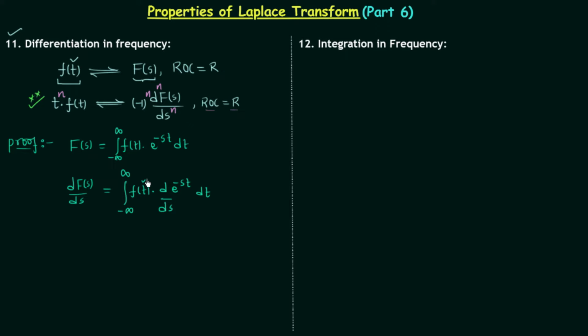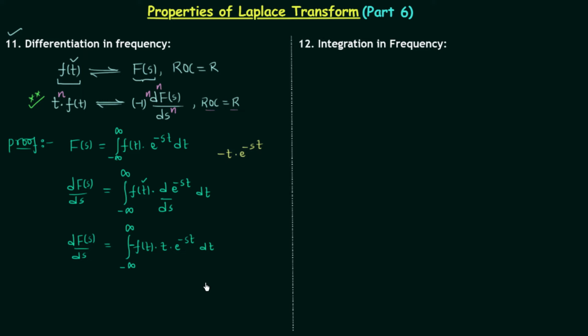It is a function of variable t, and therefore it is constant, and we know the differentiation of e power minus st with respect to s is equal to minus t multiplied by e power minus st. So in the next step we have dF(s) over ds equal to the integration from minus infinity to infinity of signal f(t) multiplied by t multiplied by e power minus st dt, and this negative sign I will write here.